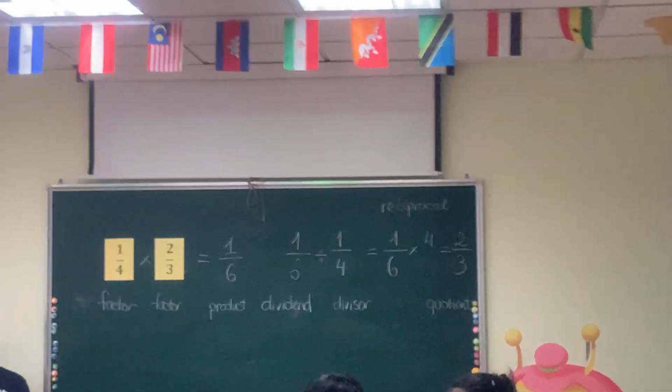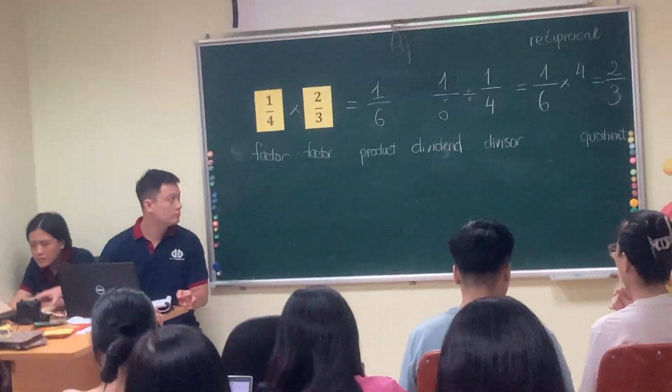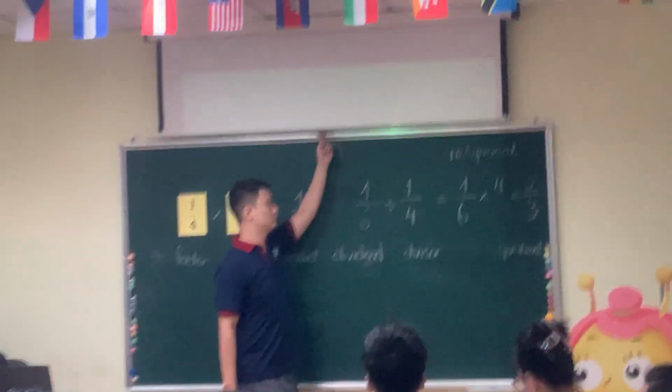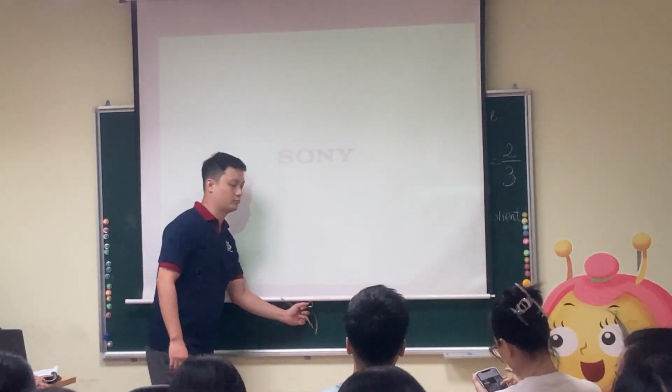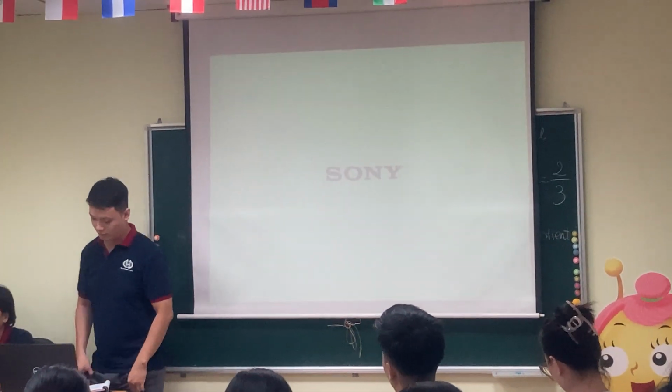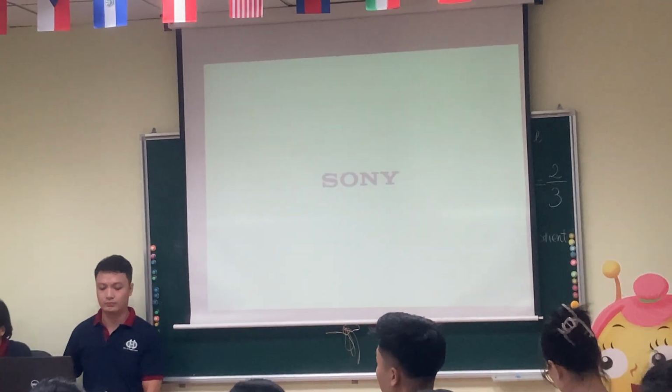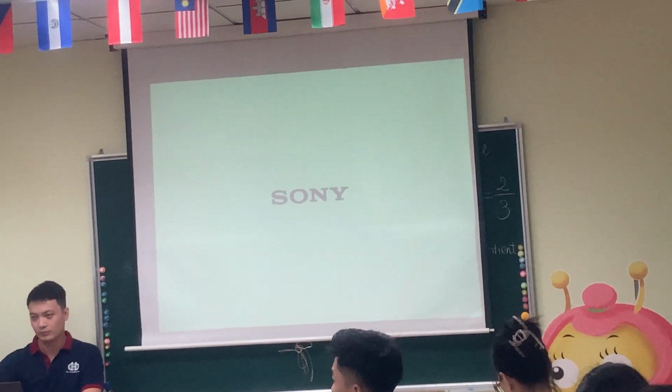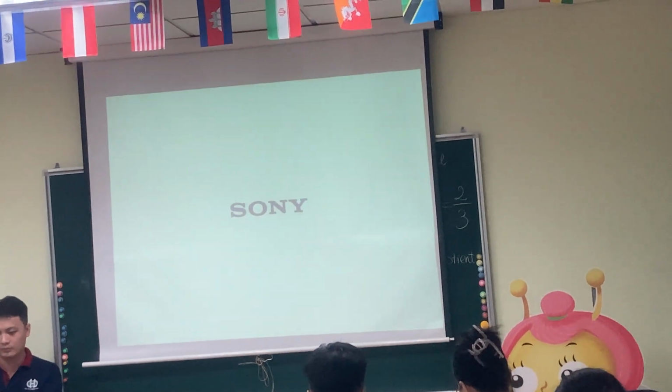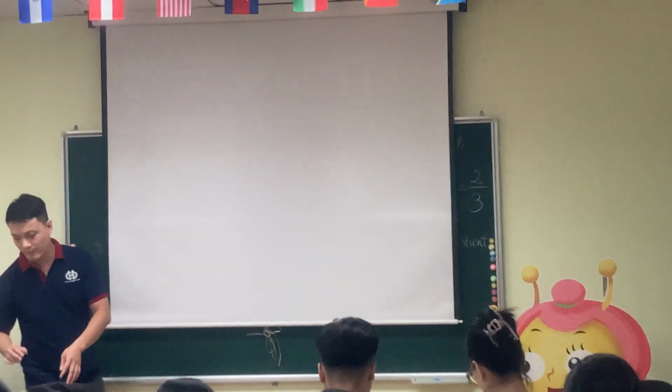Track 19. Listen and write fractions. Then calculate and say. A. Factor 2 has the numerator of 4 and the denominator of 7. What is the product?